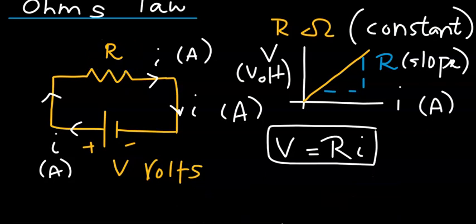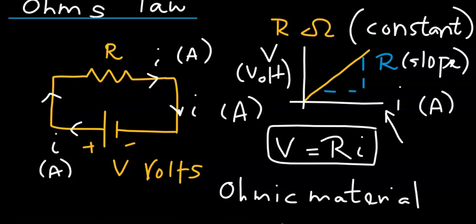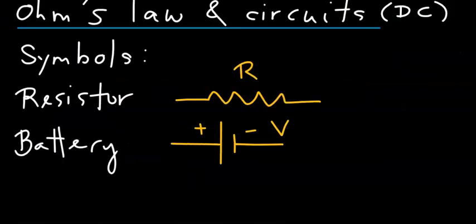Metals or conductors whose resistance exhibit such a behavior are known as ohmic materials. As we have mentioned earlier, this is the symbol that we use in circuits for resistors, and this is the symbol for battery. Let's look at the symbol for battery.